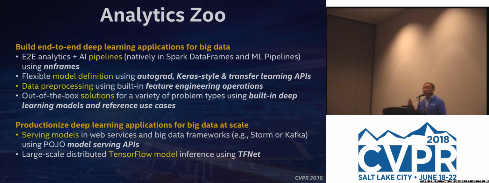And to make it easier to productionize your deep learning models and applications, it provides a pre-ordered Java object type of model serving API so that you can directly serve a model from a web service or even from some other big data frameworks. For instance, you can directly use it in Storm or Kafka as streaming processing.